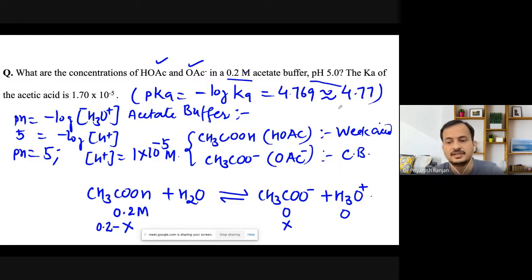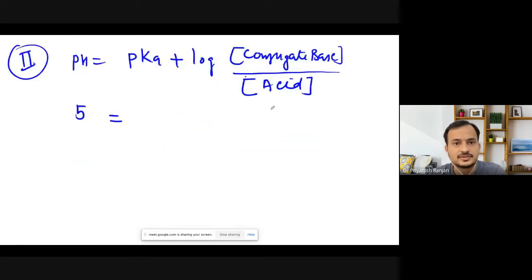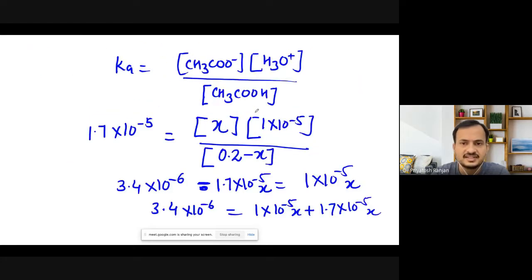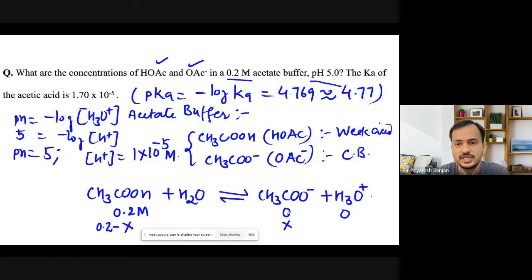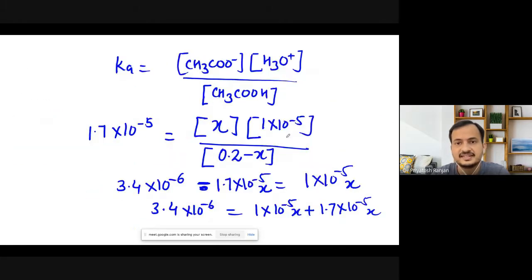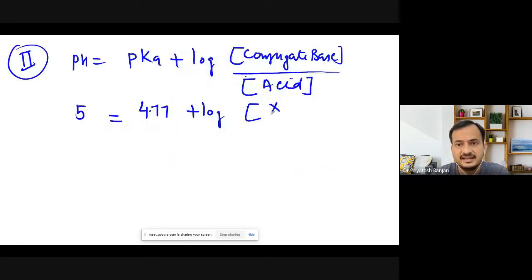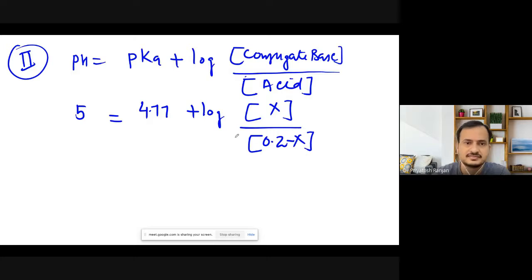Perfect. So the pH is given, pKa is given, and for the log of concentration of conjugate base, just now we have seen that from this chemical reaction I can consider it as x, and the concentration of acid is going to be 0.2 minus x. Simple. Solve this equation.